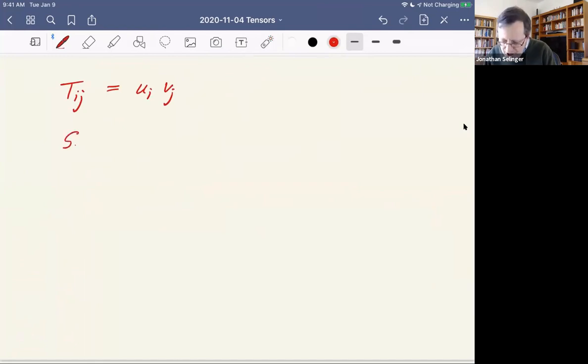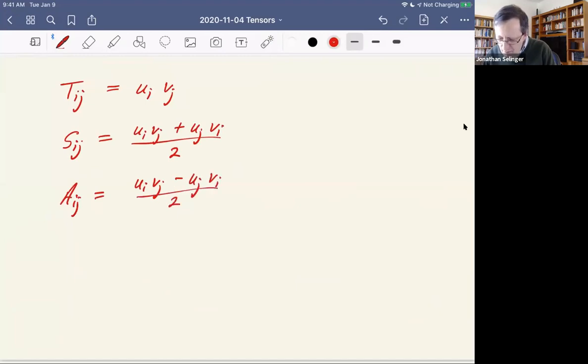So the symmetric part, S_ij, is (u_i v_j plus u_j v_i) over 2. The anti-symmetric part is (u_i v_j minus u_j v_i) over 2. So I want to visualize those things separately.